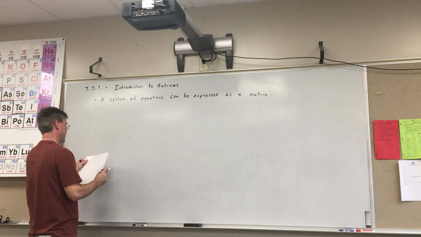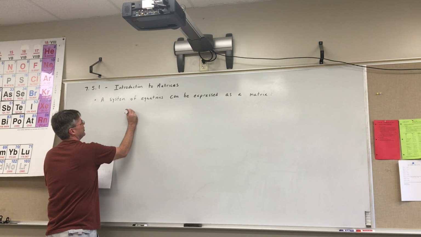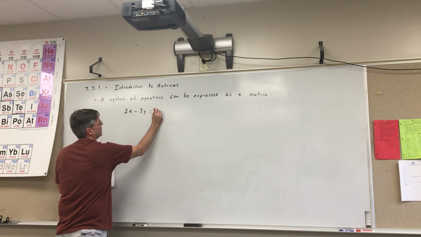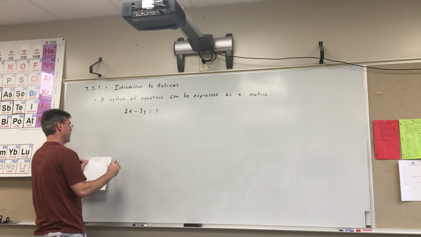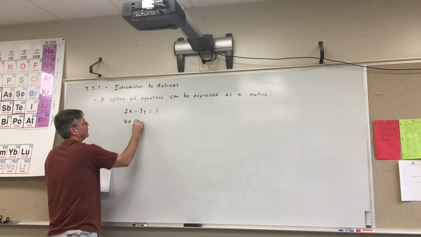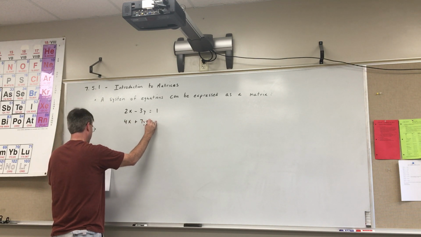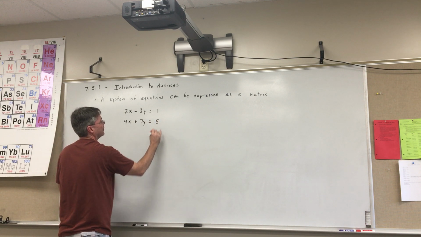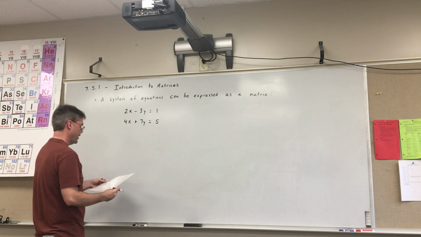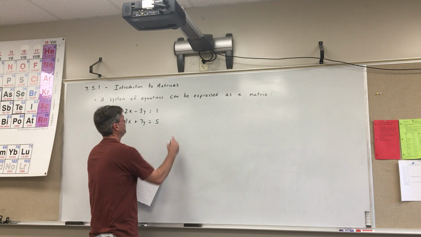Okay, so let's go ahead and write a couple of equations down. Let's say we have 2x minus 3y is equal to 1, and then 4x plus 7y is equal to 5. We can express that as a matrix.